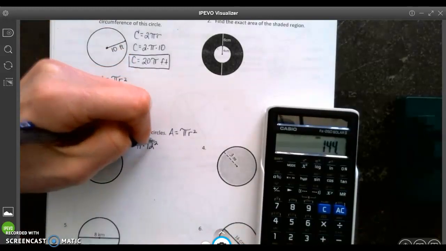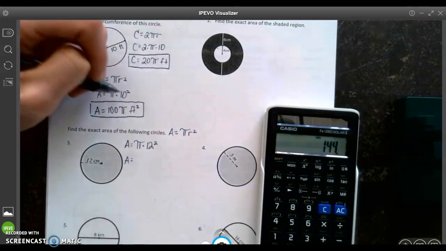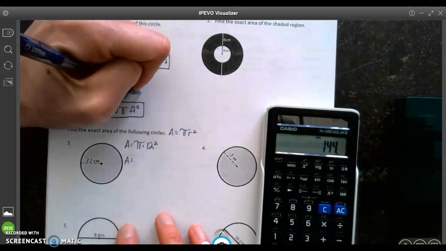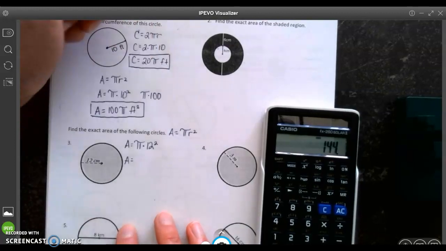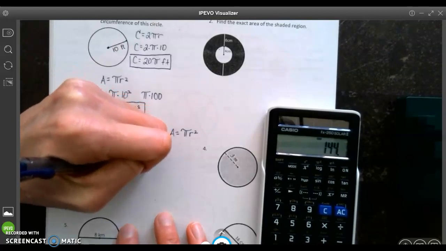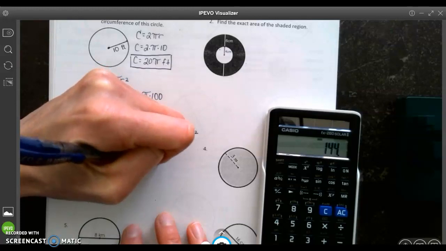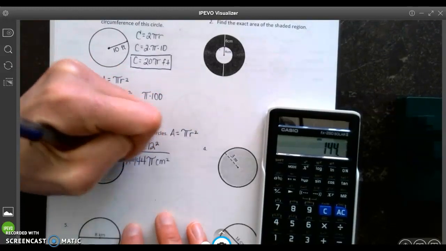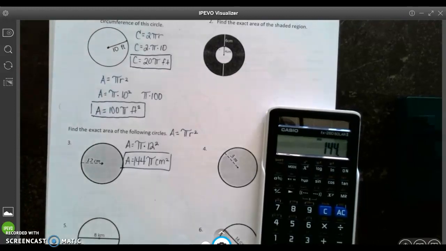So I did 12 squared. Area equals, and I'm going to put that up front because I don't want to write it as pi times 144. That's not how we write it. We want the number up front. So 144 pi, and then we label it. This is centimeters squared. And that's the answer.